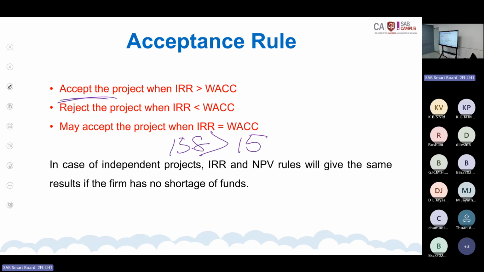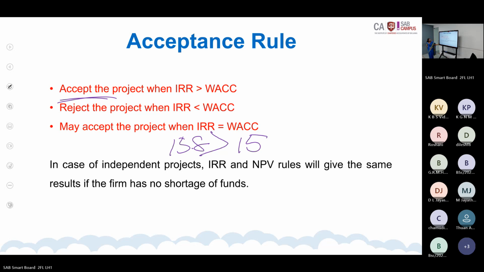If we are obtaining funds at 15%, to have the no profit level you have to identify up to 15.8. So, since the IRR is higher than the weighted average cost of capital, you can accept the project.